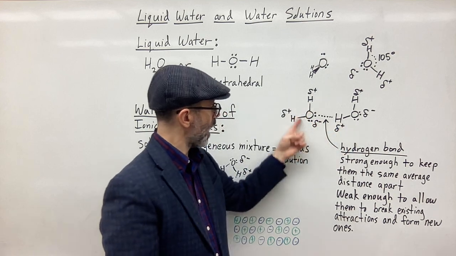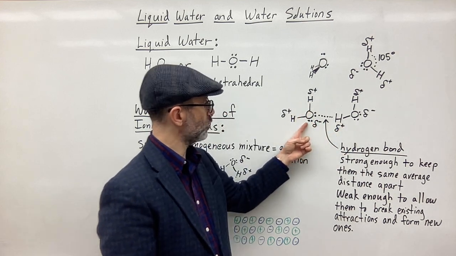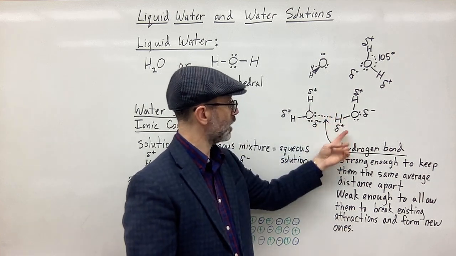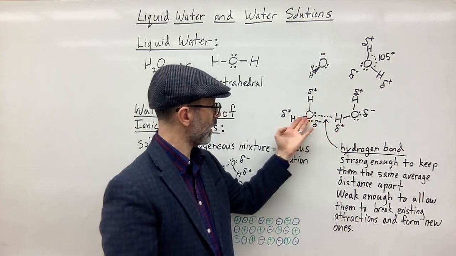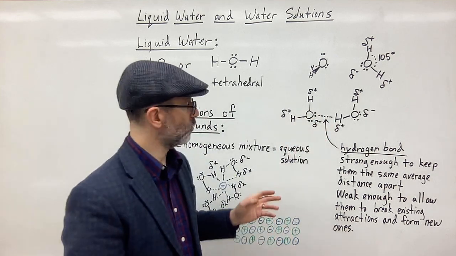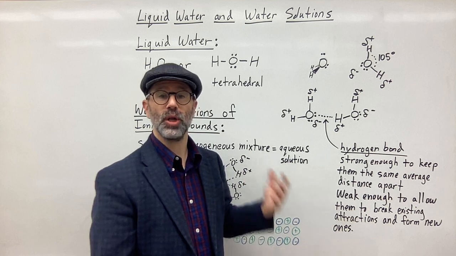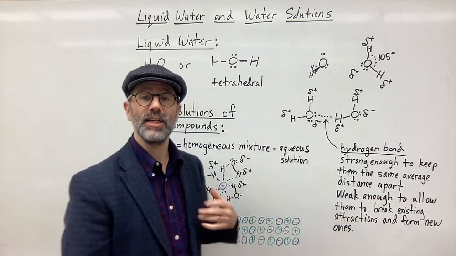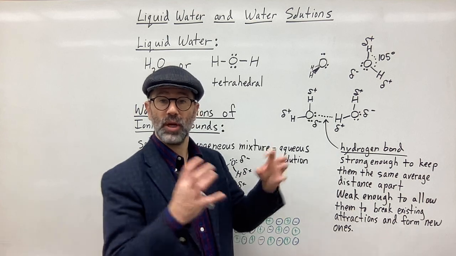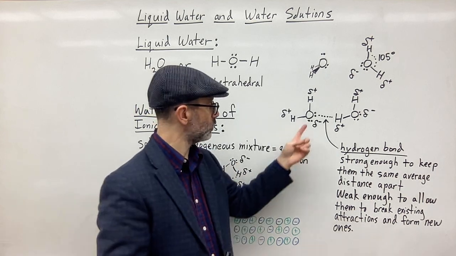So the oxygen here on this water molecule will be attracted to the positive hydrogen on another molecule, and that creates attractive force between them. And this is called an intermolecular force, right? Inter meaning between, molecular referring to molecules. So intermolecular is between the molecules, right?